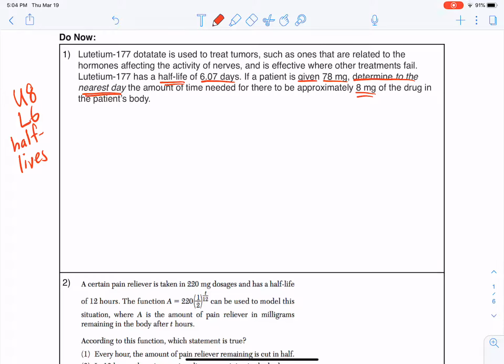Anytime we're dealing with a half-life problem, we're going to rely on our most basic equation that deals with exponential decay. And that's A equals P times 1 minus R raised to the T. Anytime we're dealing with a half-life problem, our rate is 0.5 for a half.